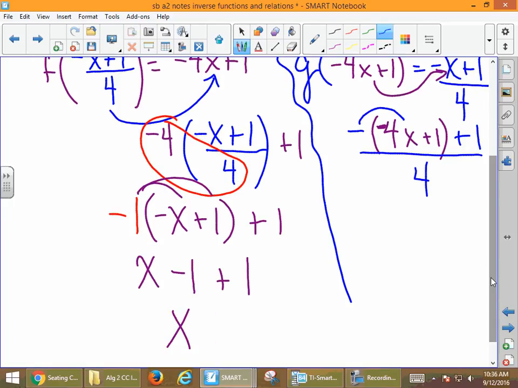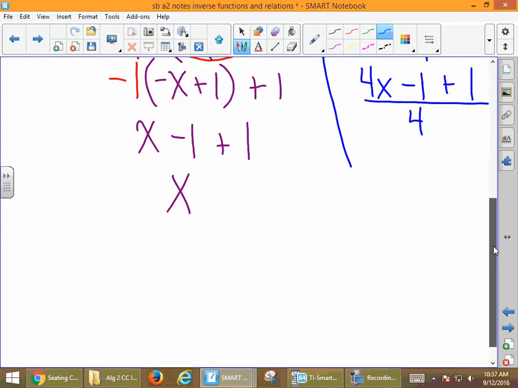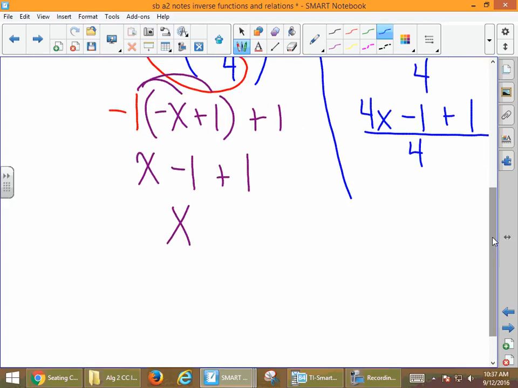When we follow the order of operations, we need to distribute. Negative times negative is positive. Negative times positive is negative. We have plus 1 divided by 4. Again, don't skip steps. Our next step is that we can combine like terms, and our like terms are the negative 1 and the positive 1.